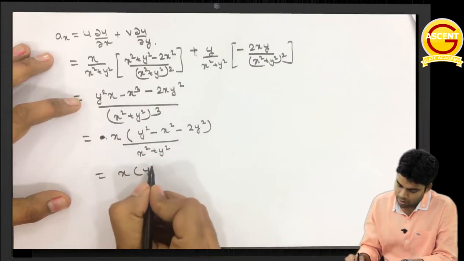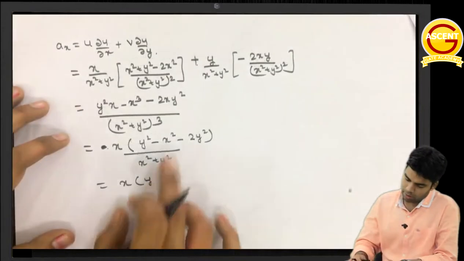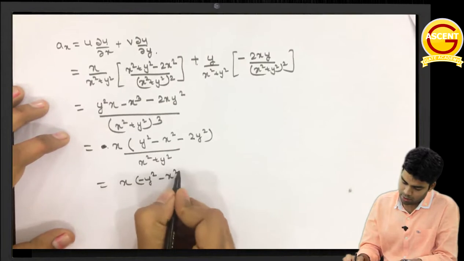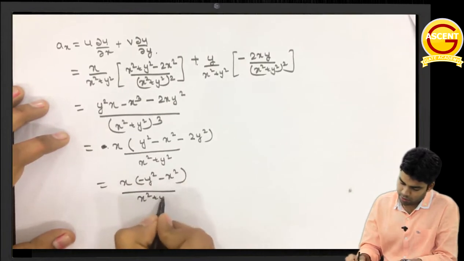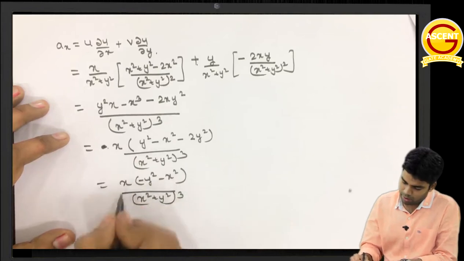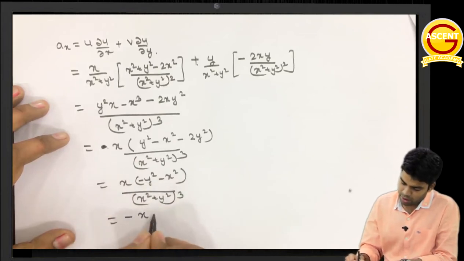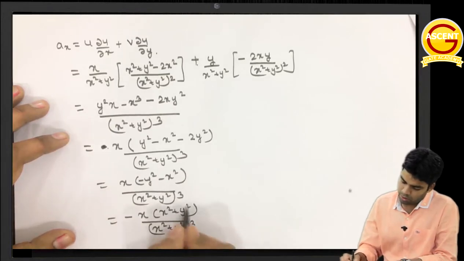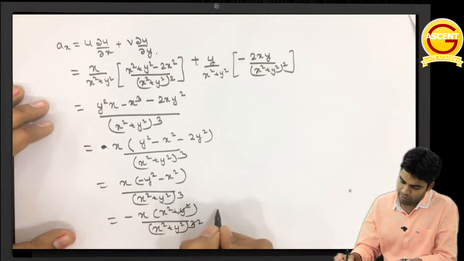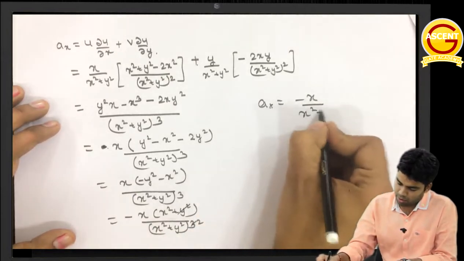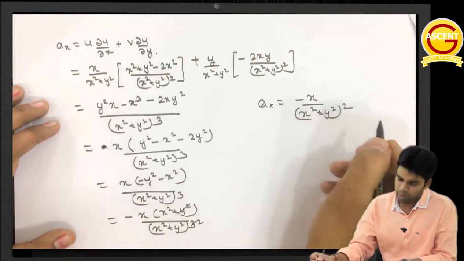So this will be y square minus 2y square, which is minus y square, minus x square, divided by (x square plus y square) whole cube. Take minus as common: minus x into (x square plus y square) divided by (x square plus y square) whole cube. So this one will get cancelled out, and this ax will be equal to minus x upon (x square plus y square) whole square.